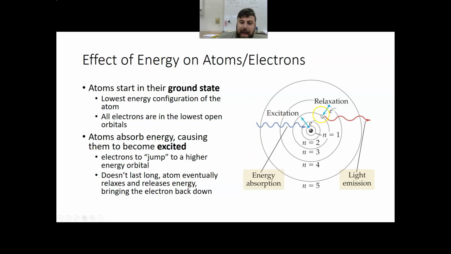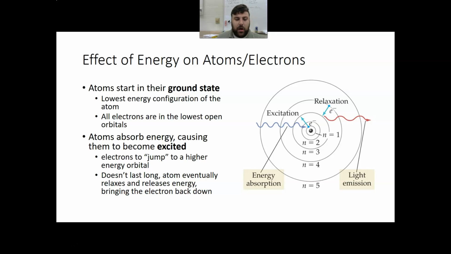When the atom absorbs energy, the electron will become excited and jump to a higher energy orbital. Now this could be going from 3s to 3p, or it could be going from 3s to 4s. It's just jumping to a higher energy orbital.